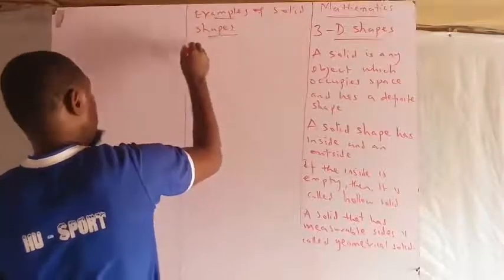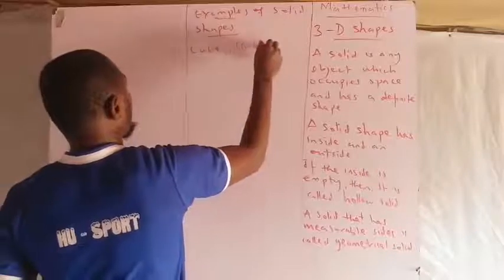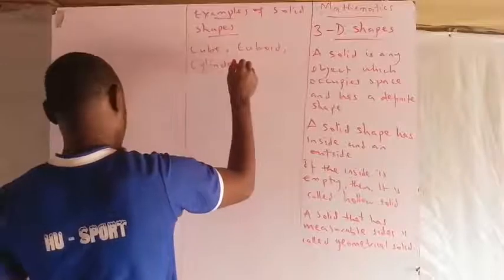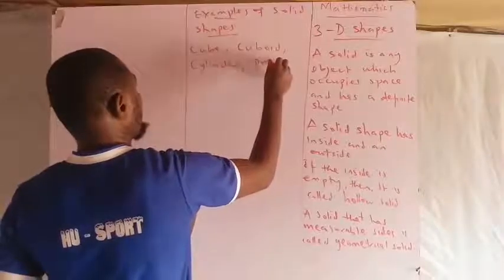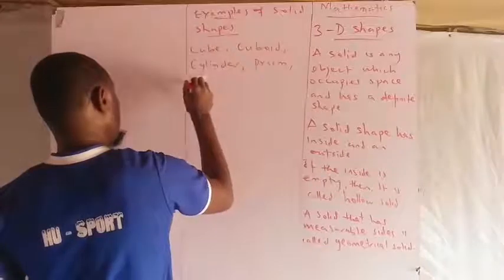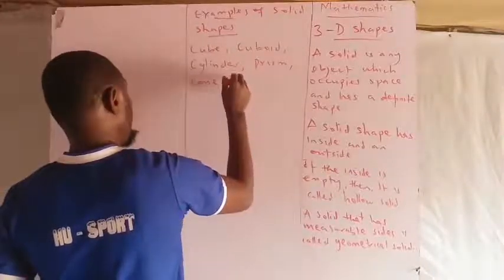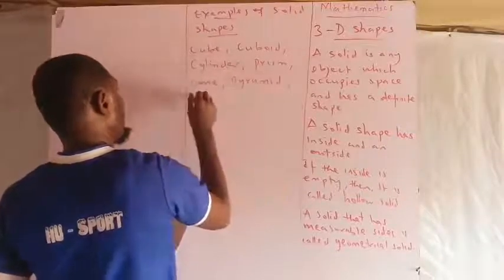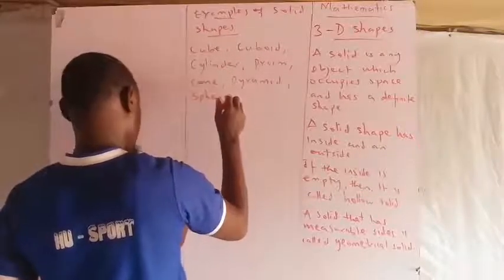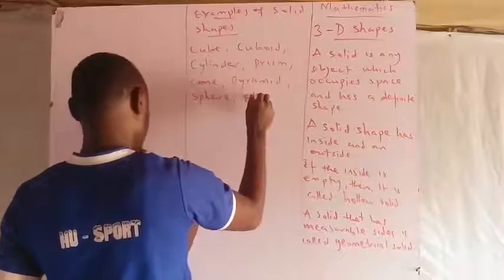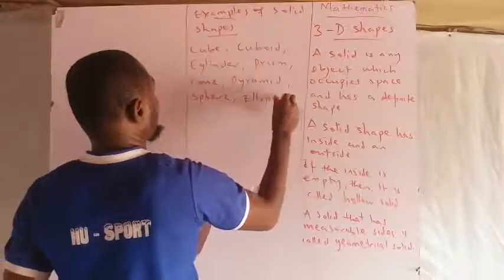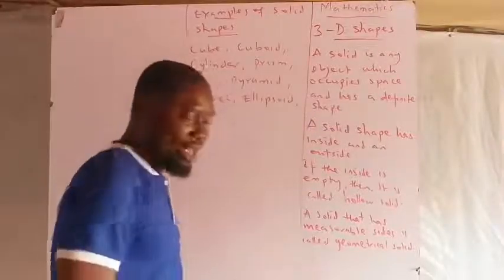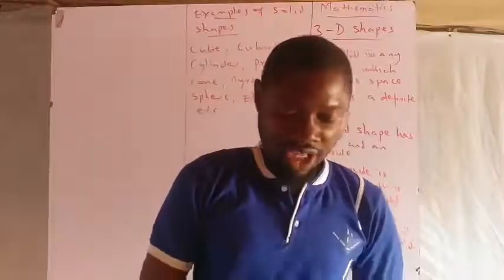We have cube, cuboid, cylinder, prism, cone, pyramid, sphere, ellipsoid. There are more of these. A sphere could also be an ellipsoid. So these are some examples of 3D shapes.